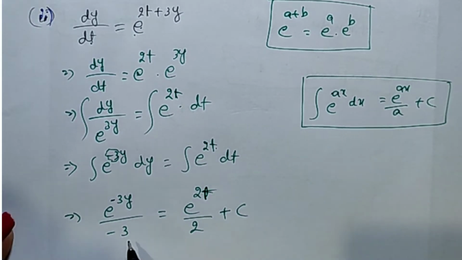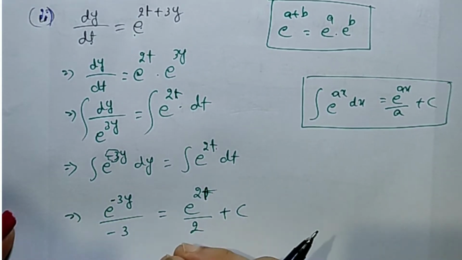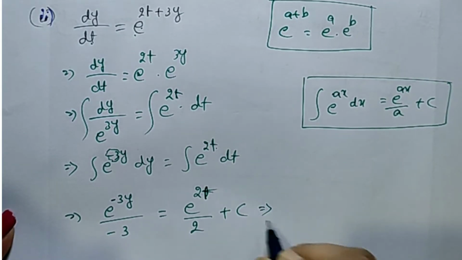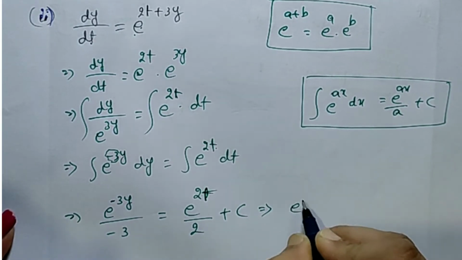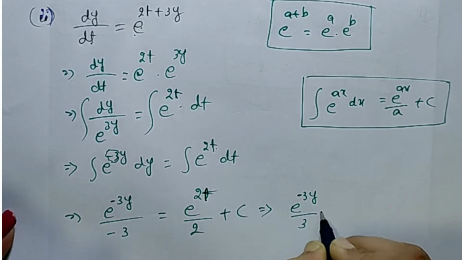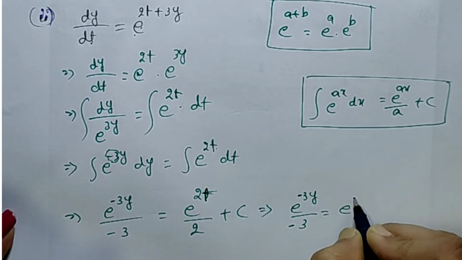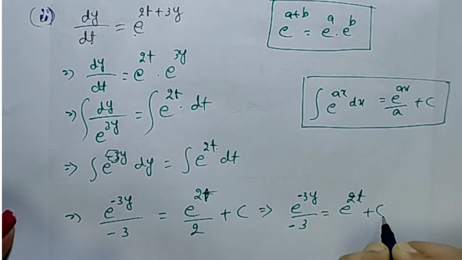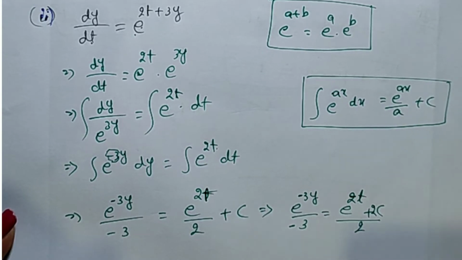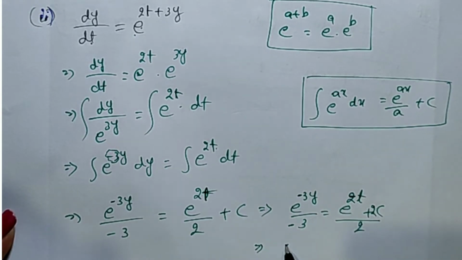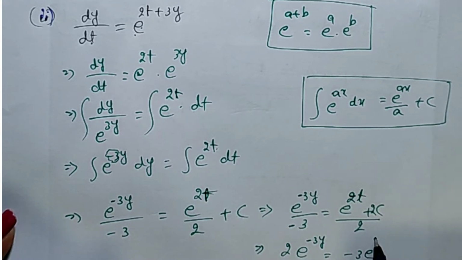This can be your general solution, or if you want to simplify a little further, then you can write e power minus 3y by 3 is equal to e power 2t by 2 plus c. Okay, now cross multiplying, 2 e power minus 3y is equal to minus 3 e power 2t plus 3 minus 6c.